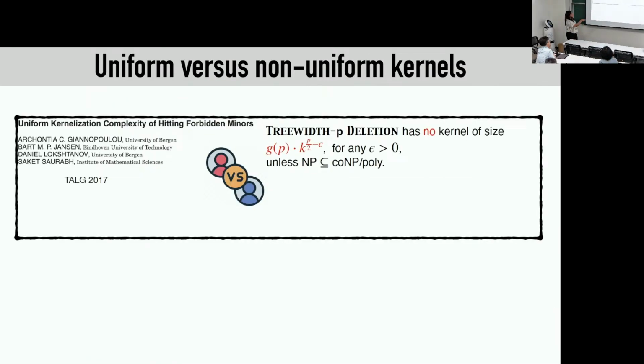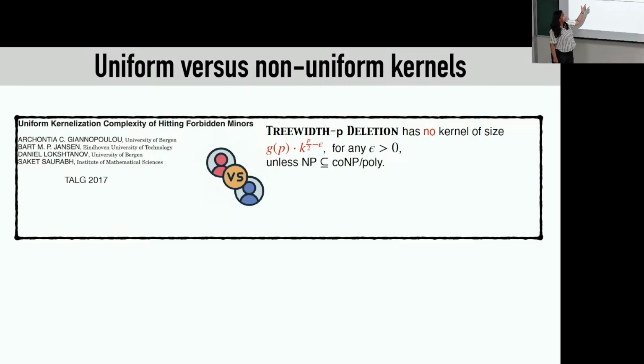In a follow-up work, Giannopoulou, Jansen, Lokshtanov and Saurabh showed that no, the dependence on F in the exponent of k is unavoidable. In particular, they looked at the treewidth-p deletion problem. This is a special case of F-minor-free deletion when F contains a planar graph. And they showed that this problem cannot admit a kernel whose size is some function of p times k to the power p/2 minus epsilon for any epsilon greater than 0.